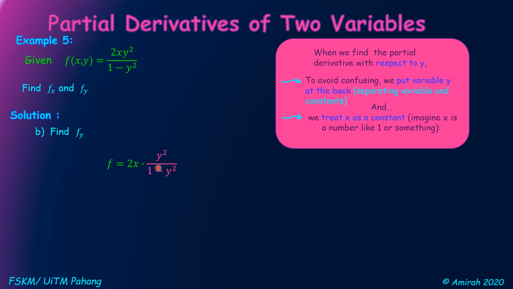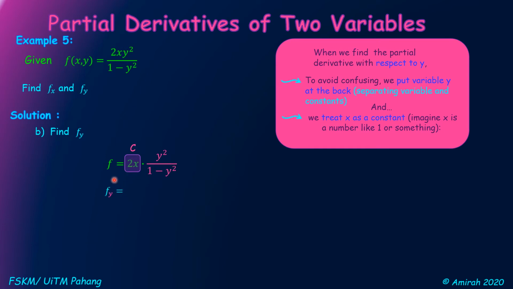We can write terms containing variable y in a different color like this. And we treat x as a constant. We just imagine x is a number like 1 or something. Let's say we replace x with 1, so we get 2 times 1, which equals 2, which is also constant.